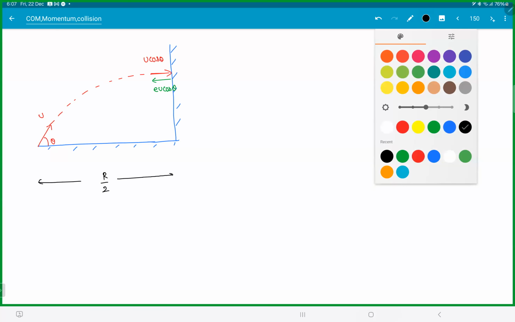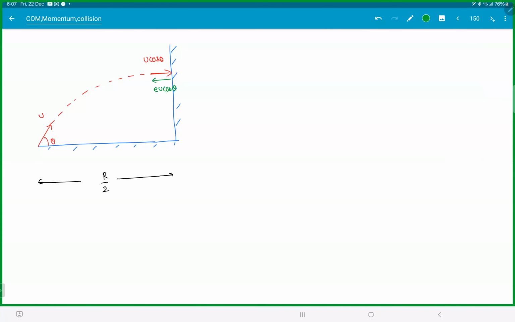If you travel with e u cos theta, you will travel e times R by 2 because the speed has become e times. If your speed has become e times, then the range will become e times because the time of flight is the same, root 2h by g, independent of the velocity.